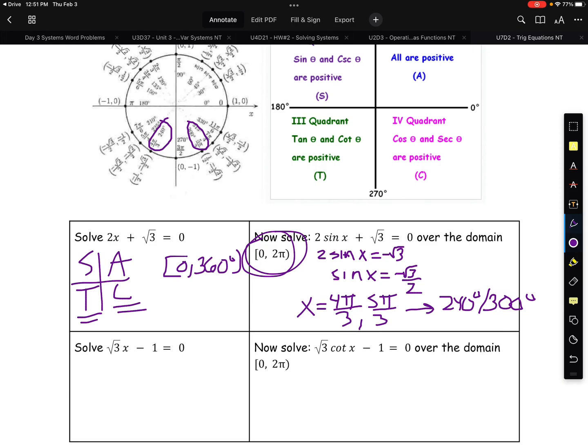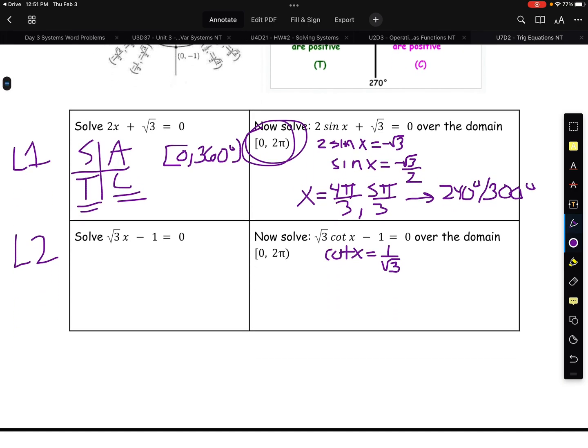Going from what I'll call a level 1 to a level 2 problem, I add 1 and divide by 3. Cotan x equals 1 over rad 3. With our unit circle, we focus on working with sine, cosine, and tan. One thing we learned is that if we have cotan, secant, and cosecant, we can flip it to solve. So if I take cotan and make it tan, then 1 over rad 3 becomes rad 3 over 1, which is just rad 3.